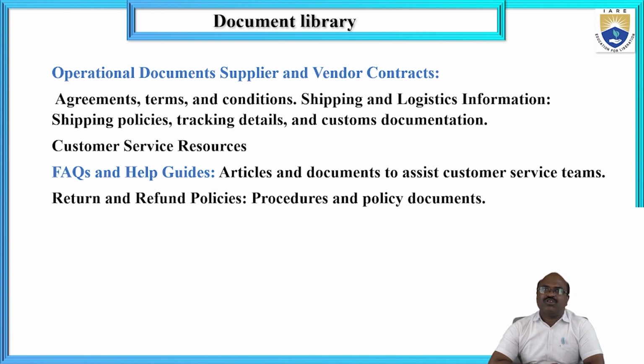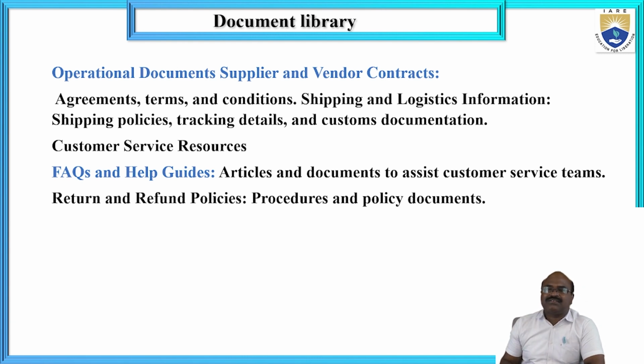One is the operational documents, supplier versus vendor contracts, which are also required. We can store them permanently in the data warehouse. Then customers' frequently asked questions and help guides are also very useful on the internet or in emails, whatever it may be. The frequently asked questions and help guides are also most important for any business policies.